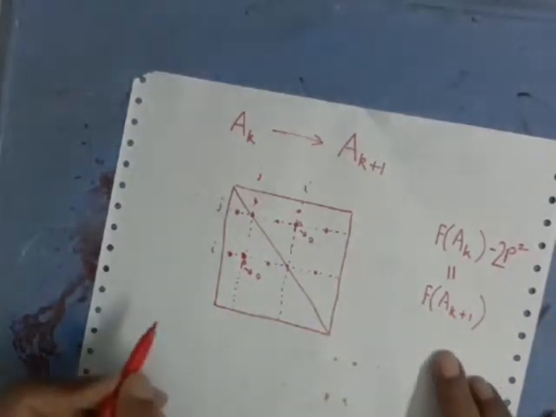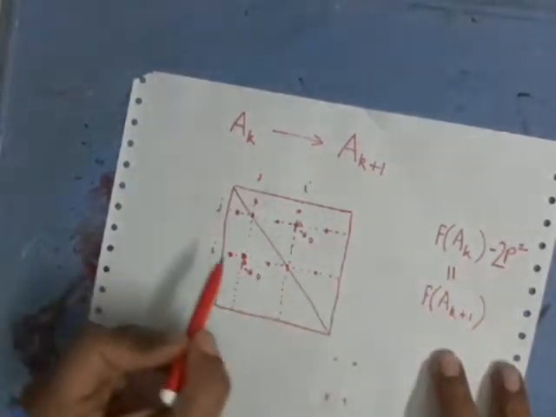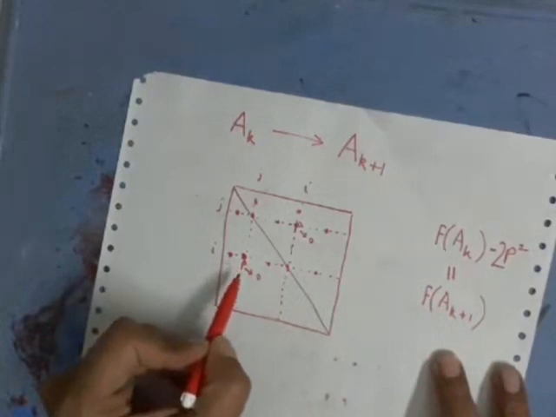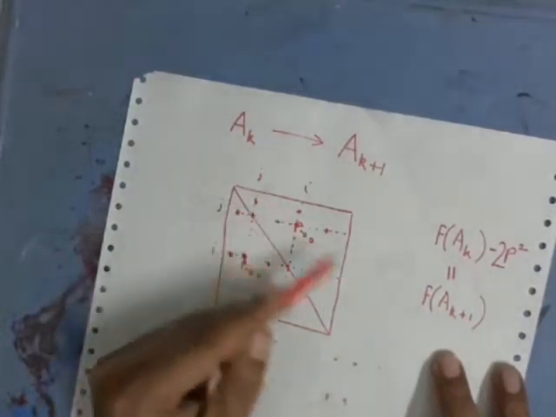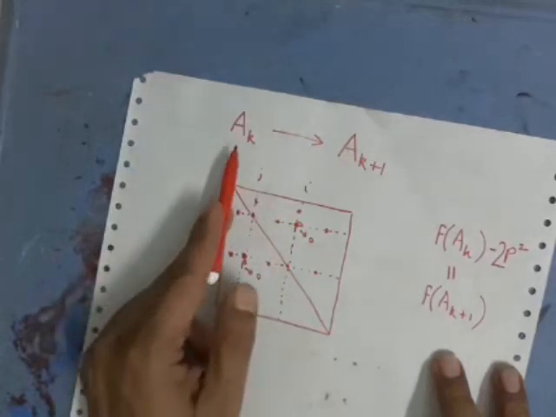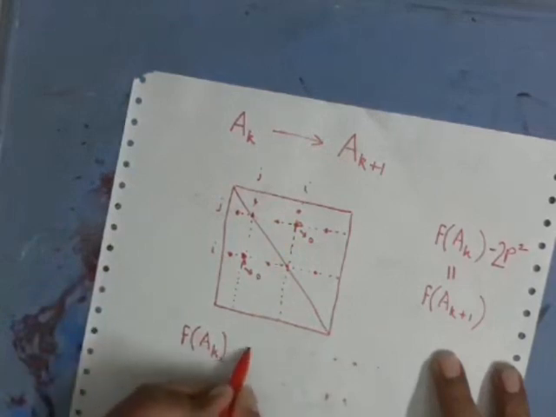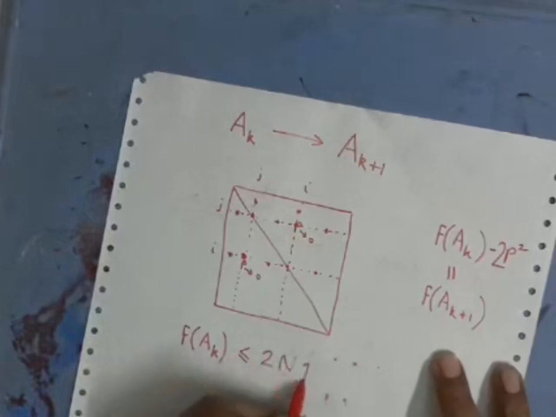Now remember that p was the entry with the maximum absolute value among all the off diagonals in A_k. As a result, by the argument that I have already mentioned, this must be less than or equal to twice n p squared.